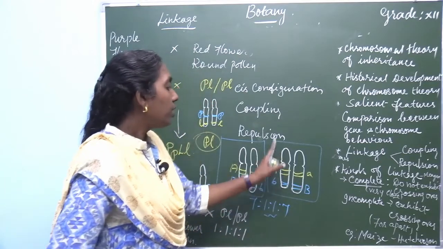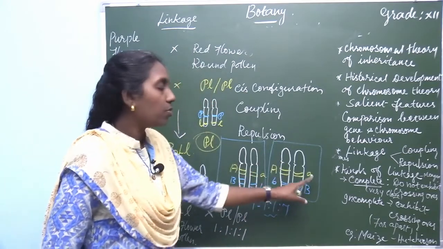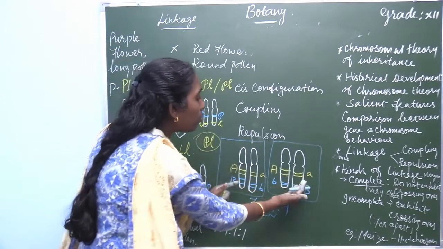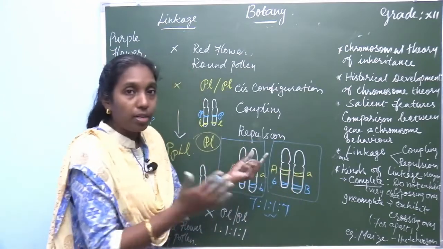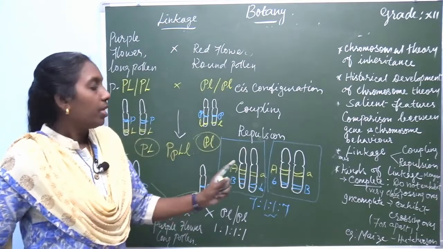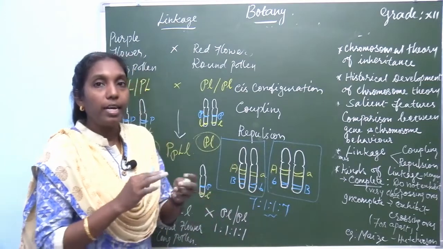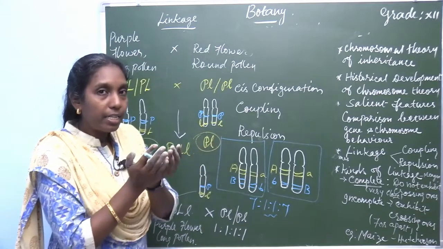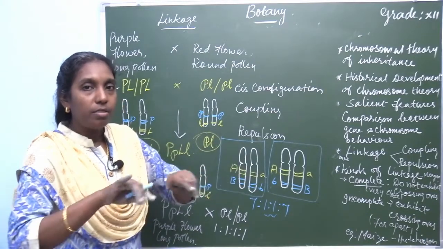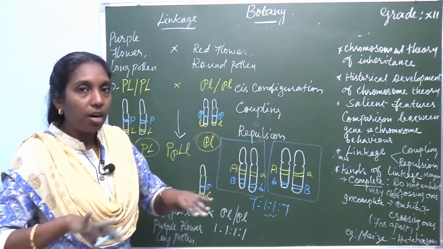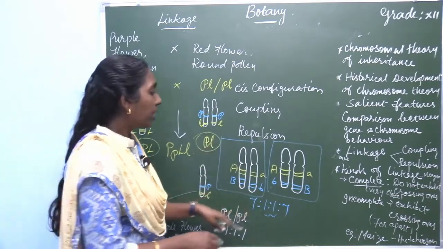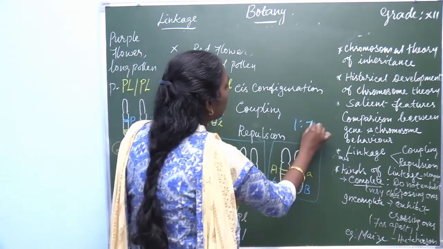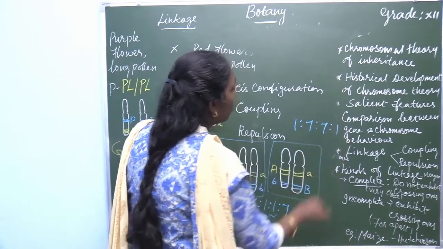So, when the dominant and recessive alleles are present in different chromosomes of a homologous pair, they inherit far apart. That is repulsion. Coupling, it is inherited together. Repulsion, it is inherited far apart. And it gives the ratio 1:7:7:1.